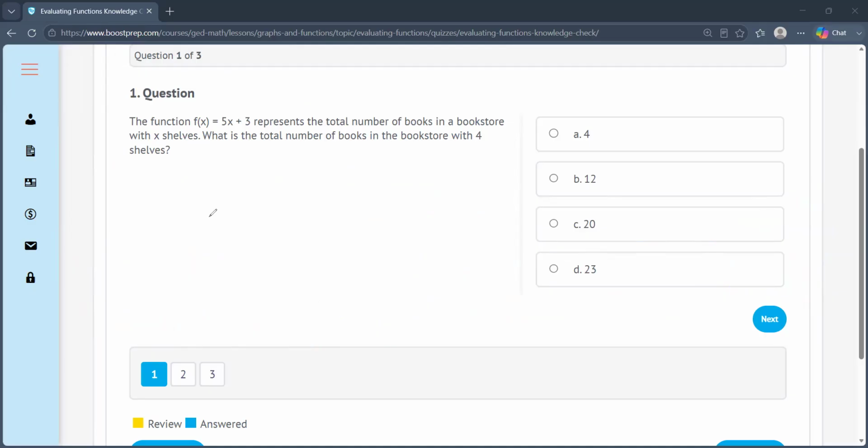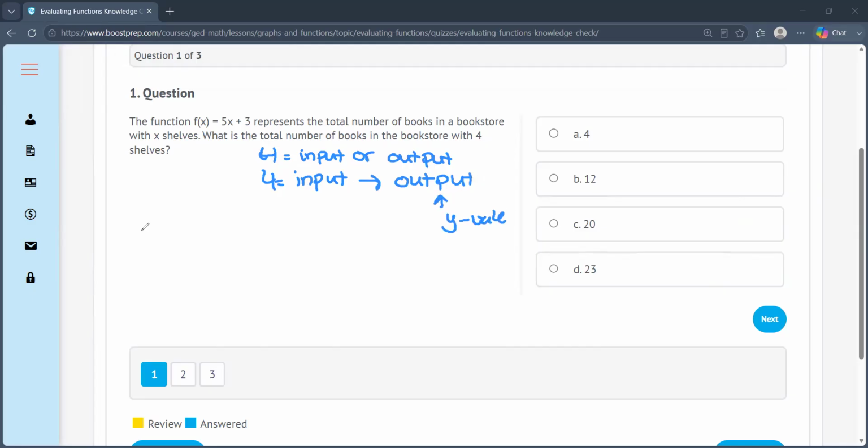So you have to ask yourself, that 4, is it an input or an output? 4 is technically an input. It's an x value. Once you know that, you'll find they're probably asking for the output. So the question is asking for an output, or a y value.